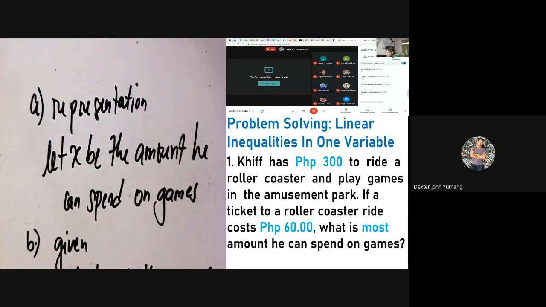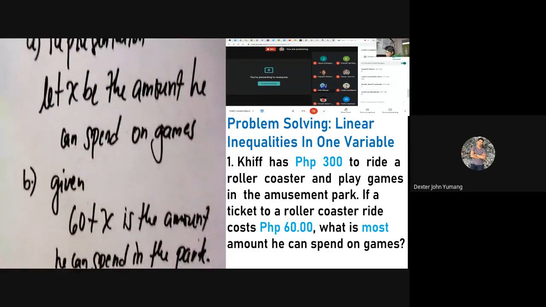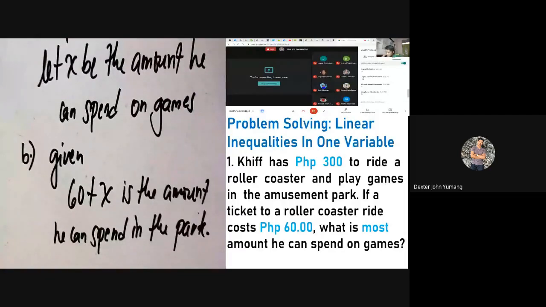Okay, allow me to move it up. Next is the given. For the given, please copy. Please type done if you're done so that I could move now. We are 11 all in all, so there should be someone who will type done.